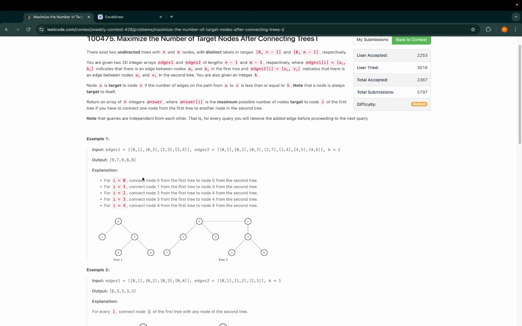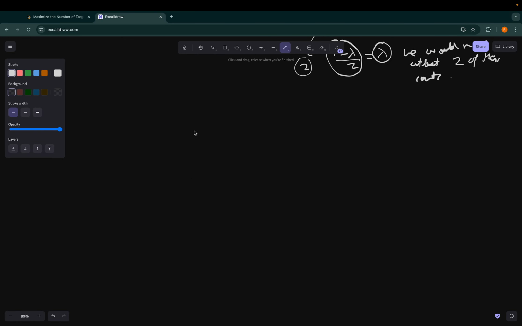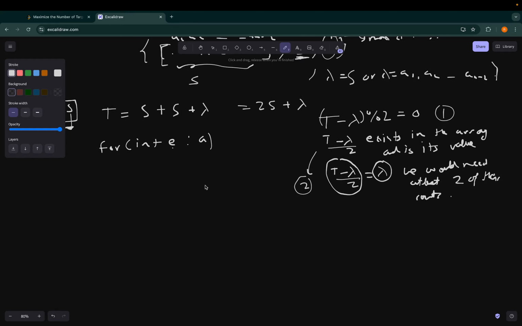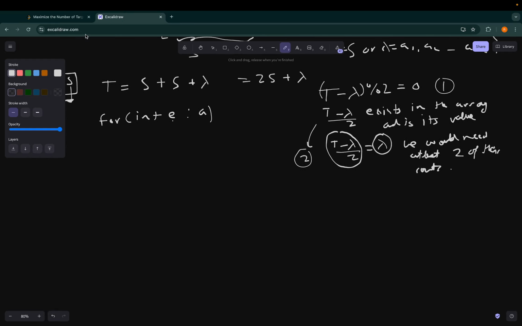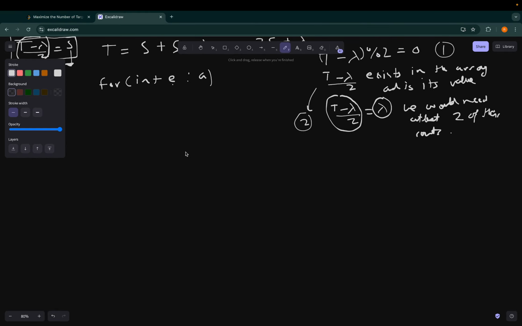And we have to do this for every node in tree 1. Okay, so basically let's say this is your tree 1, and let's say this is your tree 2.